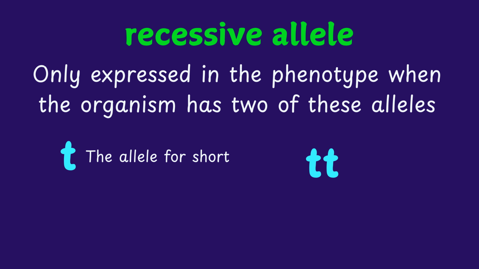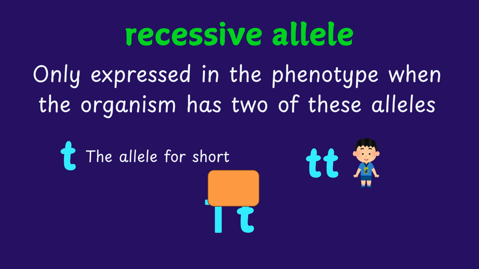So in this case, this person is small t, small t, and this is a short person. If the person has big T, small t, the person will be tall because the small t is masked when the dominant allele is present.